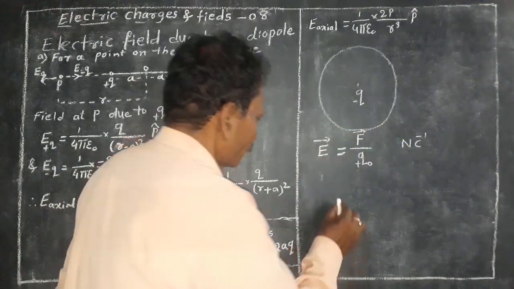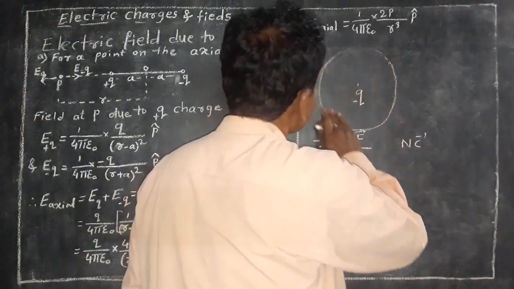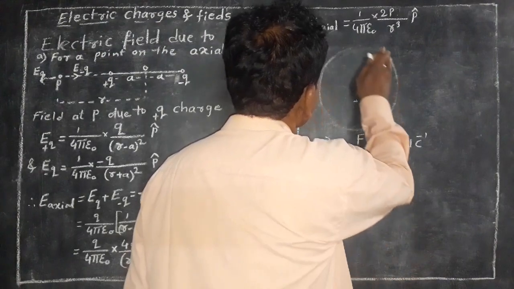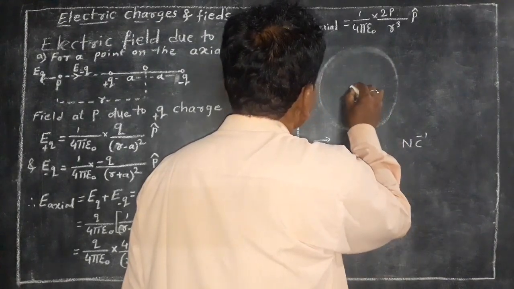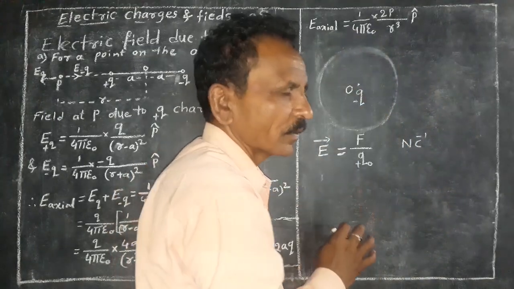If a source charge Q is placed at O, it produces an electric field all around it.